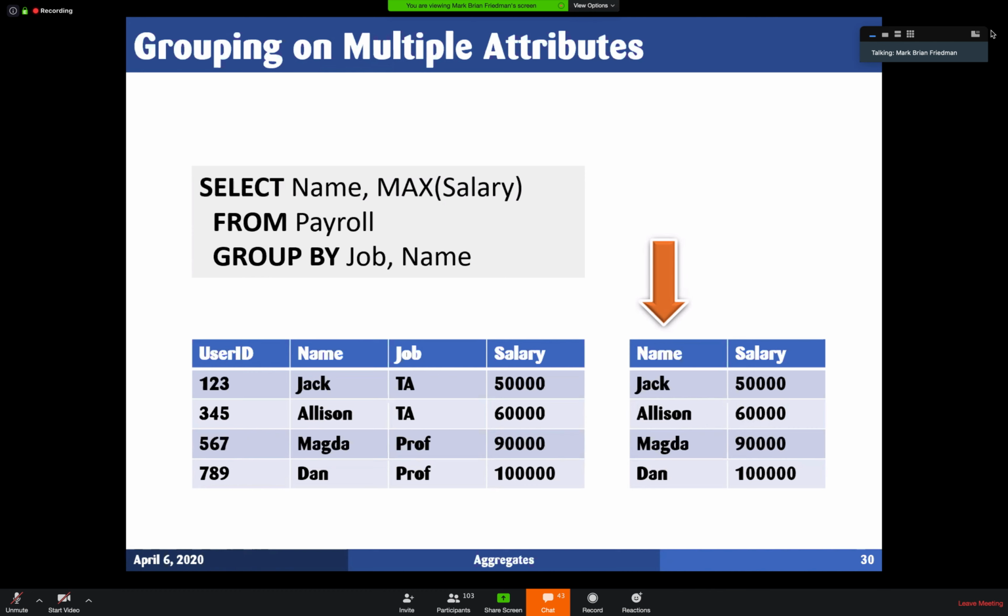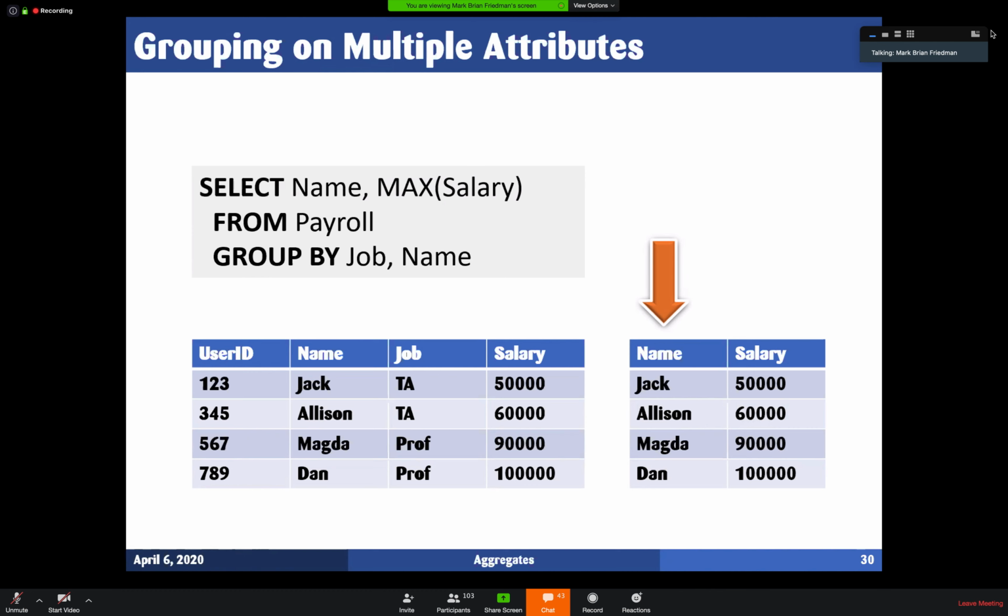We're getting every name. And the maximum salary for every single row is the salary for the person in that row, since there's only one item for each. So again, SQL will execute it, but that's probably not solving the problem that the query you were asked to solve.